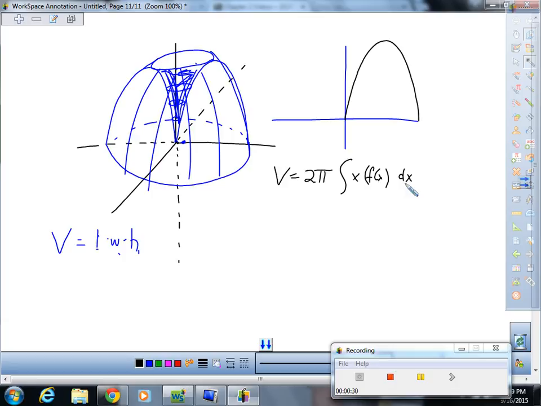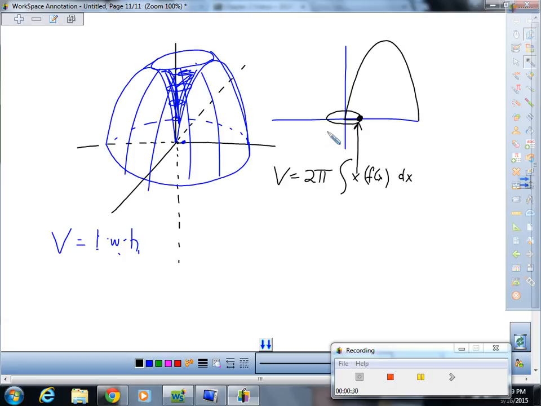Okay, so the x value is that. Okay? What that determines is the length of the radius that's being rotated. Can you buy that? Okay?